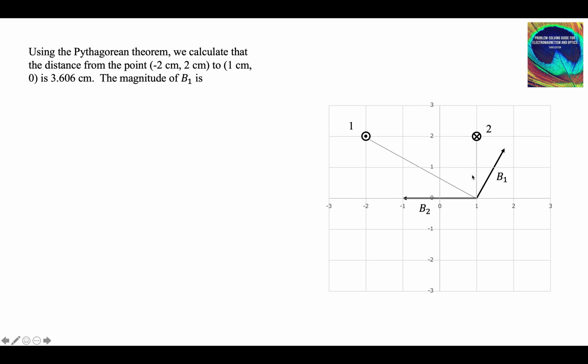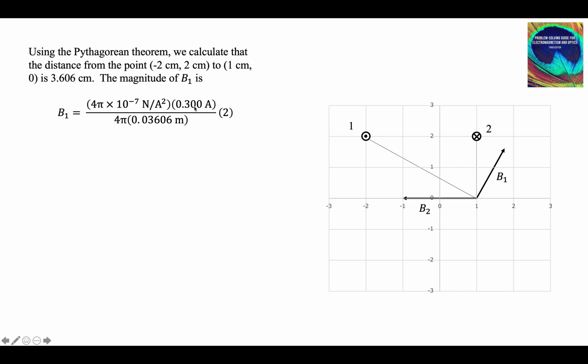Using the Pythagorean theorem, we can get the distance. So 2 squared plus 3 squared, square root, that's 3.606. So this distance is 3.606 centimeters, and this one is clearly 2 centimeters away. So now we can calculate how long this vector is, the magnitude of the vector.